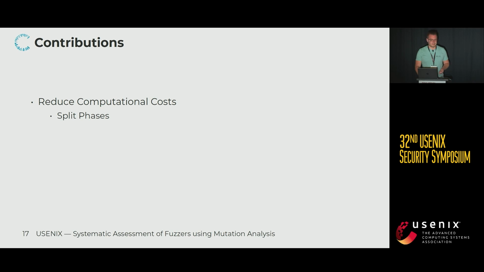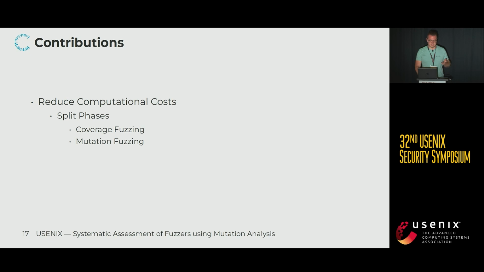We do that using two approaches. One is split phases, and here we split into an initial coverage fuzzing phase where we maximize the coverage. So we give the fuzzer some time to gather an exhaustive seed corpus, and then we use it on the actual mutant binaries to see if they find or kill the mutants.